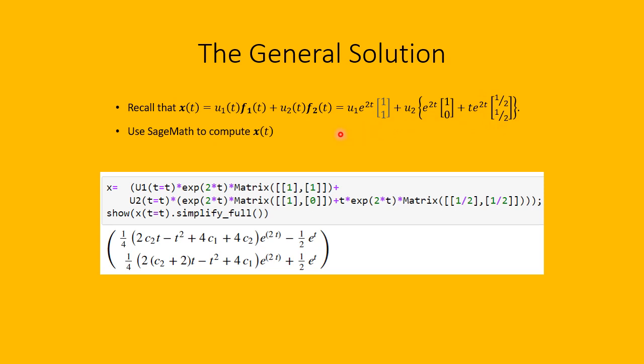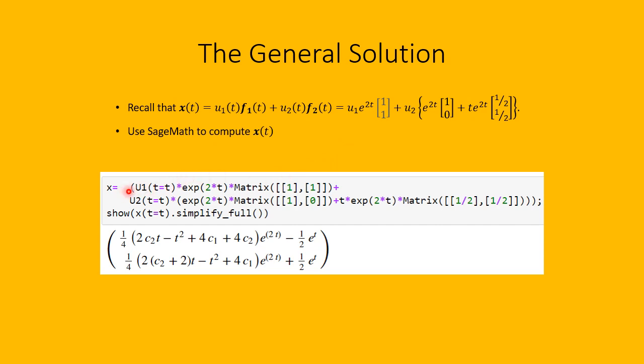stuff right here. Probably I should have put in parentheses t here and parentheses t here to remind us those are functions of t. And let's use SageMath to do the computation of this thing.